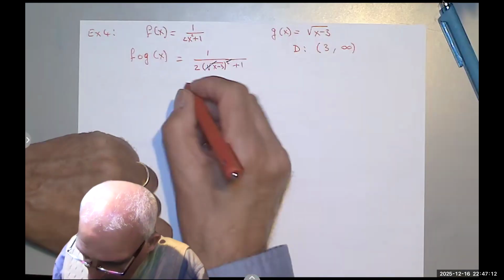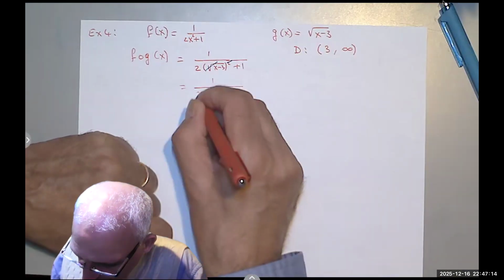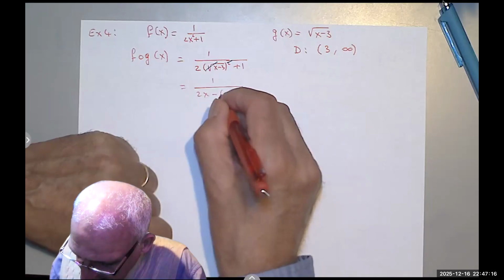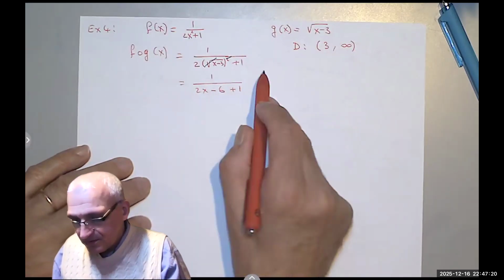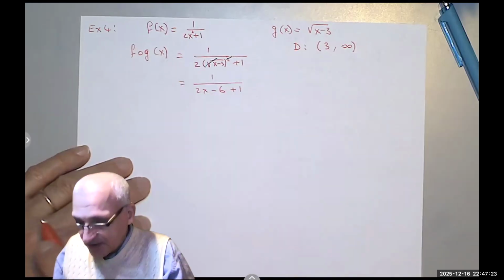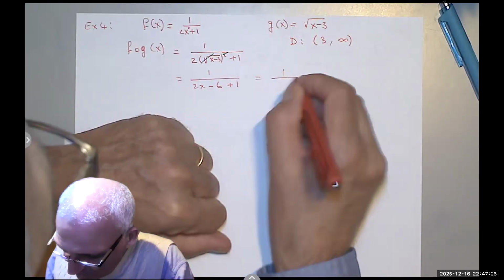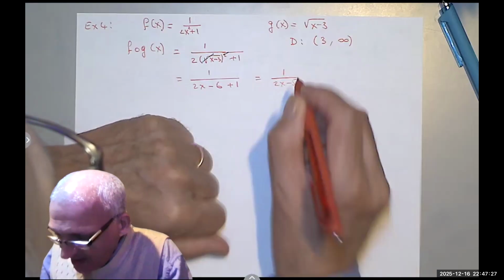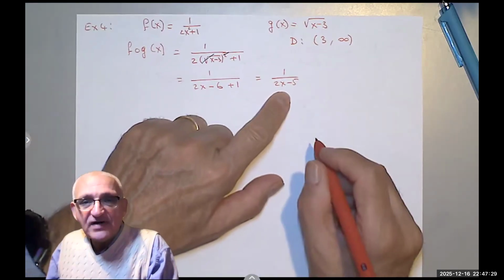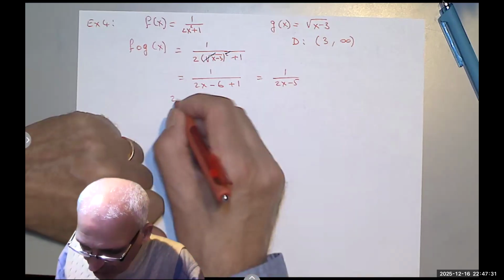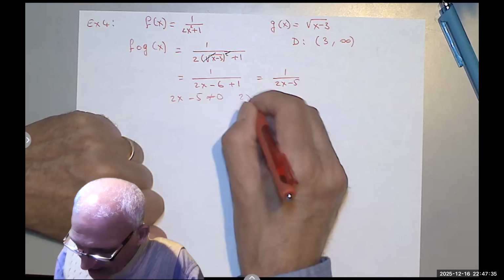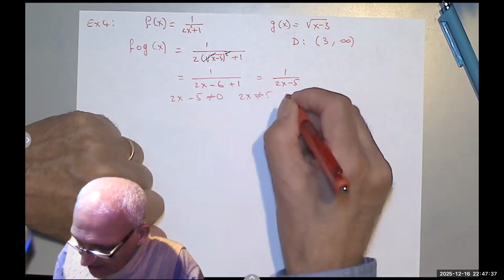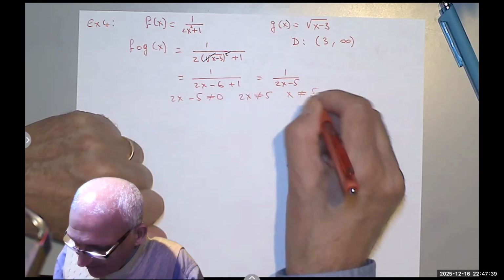So I get 1 over 2x minus 6 plus 1. You distribute the 2, and remember we have an extra 1 here. So it's 1 over 2x minus 5. I don't want 2x minus 5 to equal 0. So 2x minus 5 shouldn't equal 0, meaning 2x should not equal 5, meaning x should not equal 5 halves.